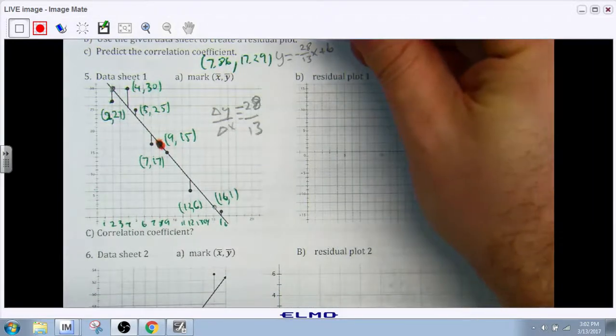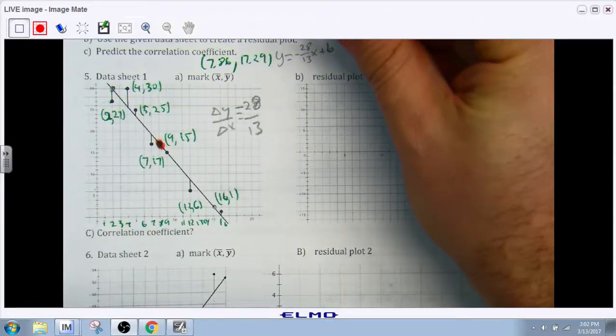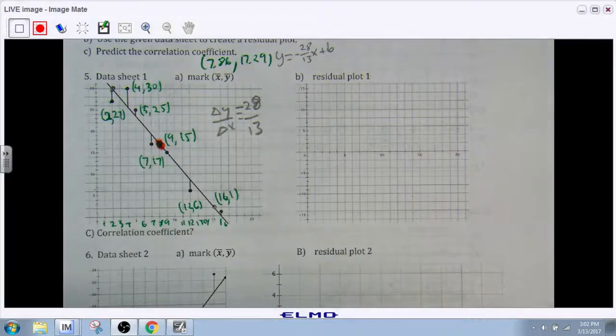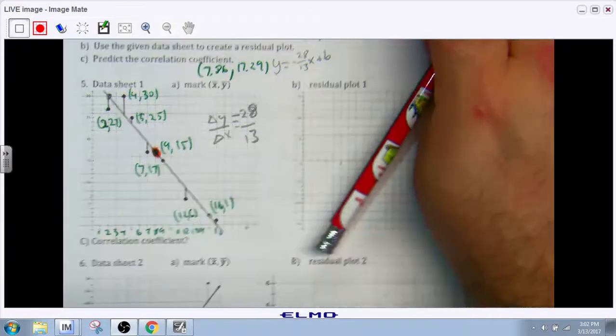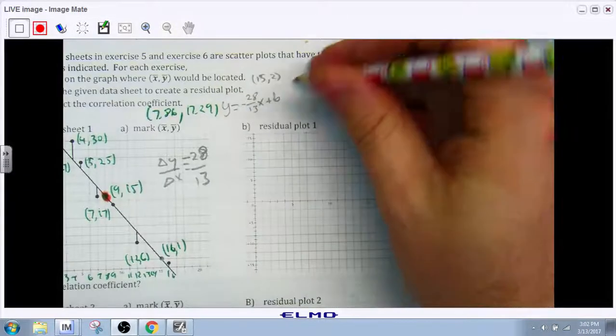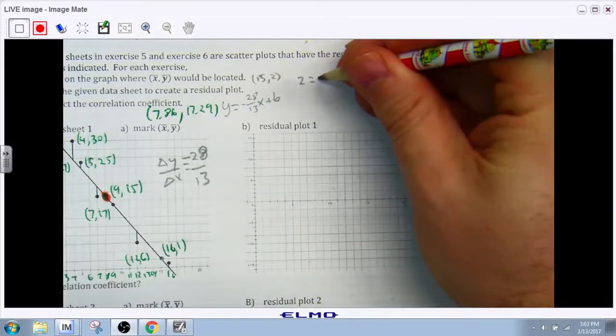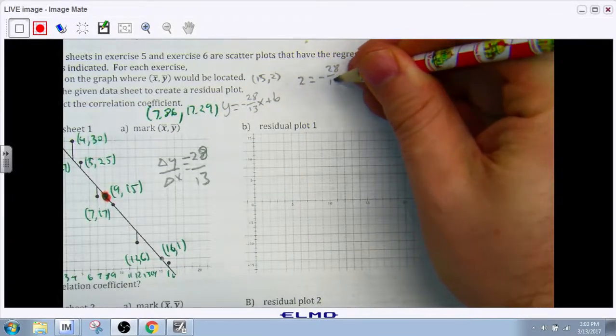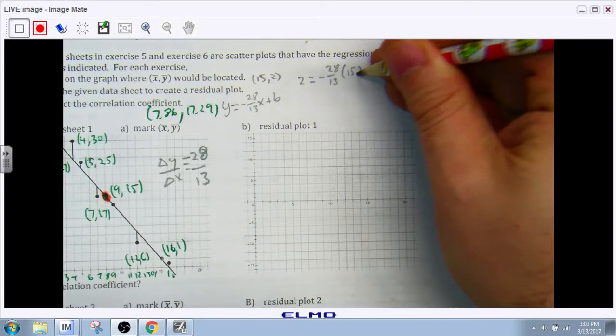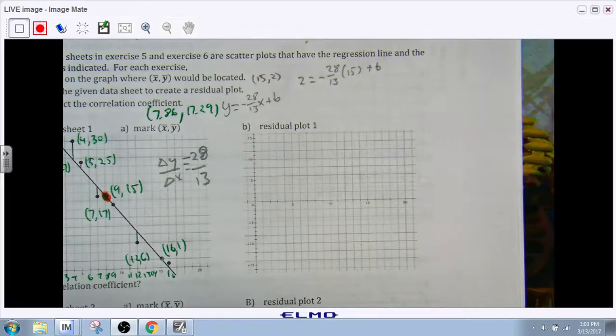So I can plug in the point 15, 2. I can plug this into my equation here. So when I do that, I get 2 equals negative 28 over 13 times 15 plus my b. Oh my gosh, it's going to be an ugly number.